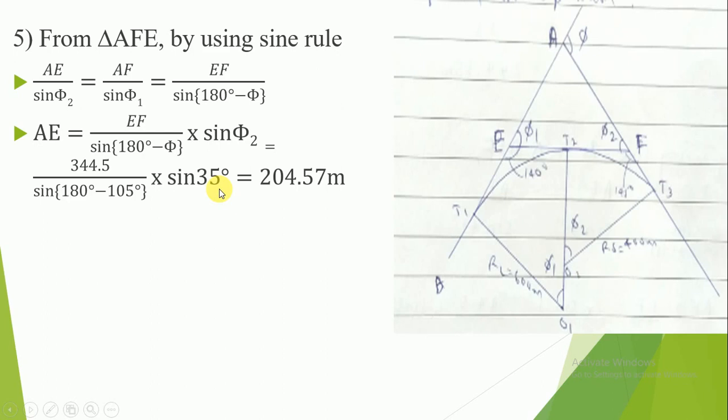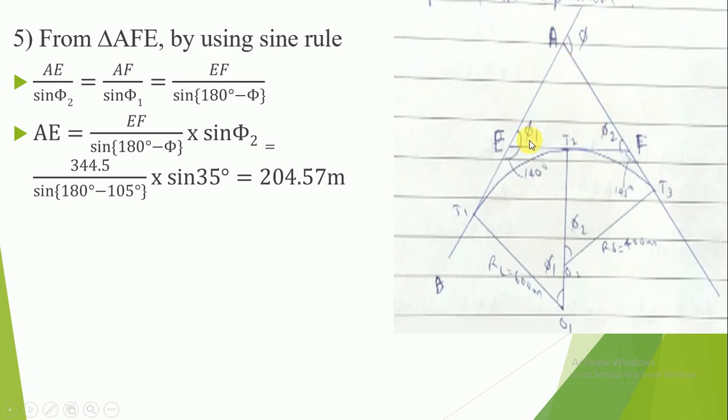A question might be there that the summation of phi 1 and phi 2 comes out to be only 75 degrees, that is 40 and 35 degrees. Let me clear out that phi is the summation of these angles only, phi 1 and phi 2, which is outside, and comes out to be 75. But we are applying the sine rule for this triangle, and the summation of the angles present inside this triangle should be 180 degrees.